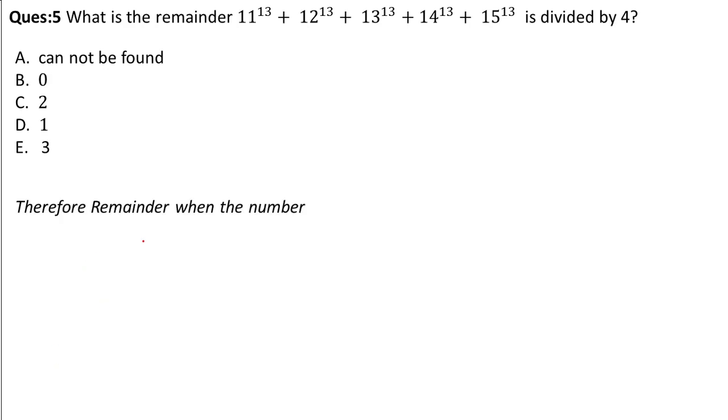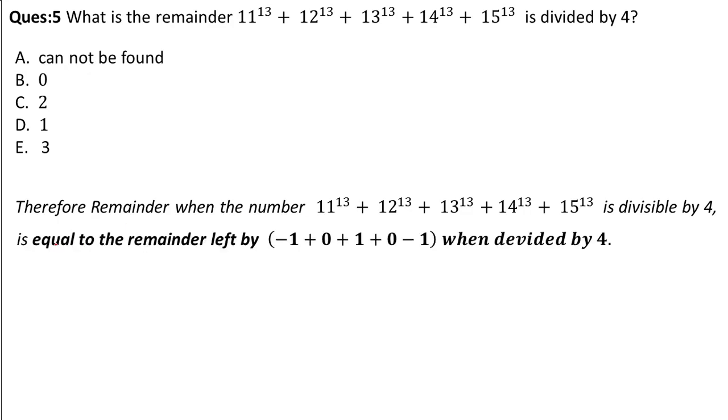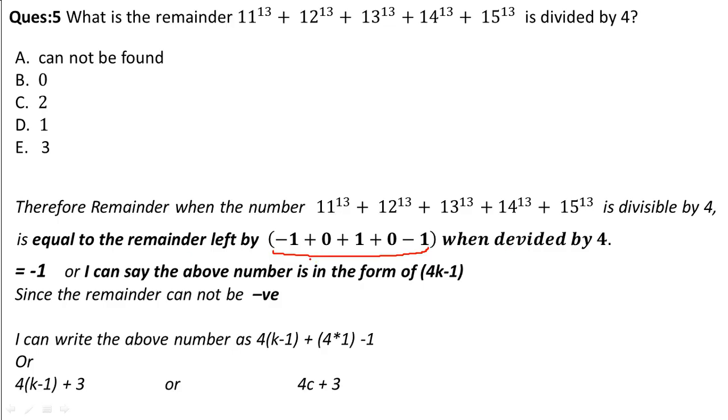Now, remember, when this huge number is divided by 4, the remainder is equal to the remainder left by the sum of these when divided by 4. So, what is the sum of these? Minus 1 and 1 cancel out, and I am left with minus 1. Or I can say the above number is in the form of 4k minus 1, since the remainder cannot be negative. So, I can write the above number as 4 into k minus 1 plus 4 into 1 minus 1.